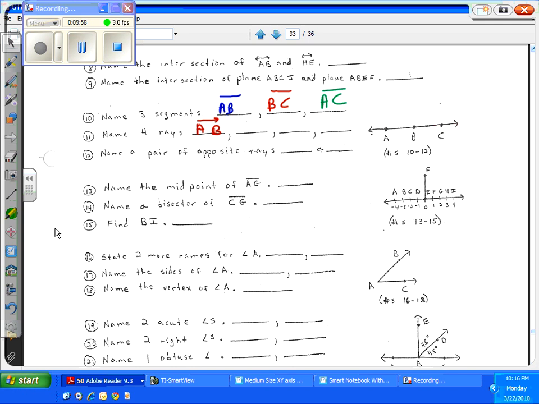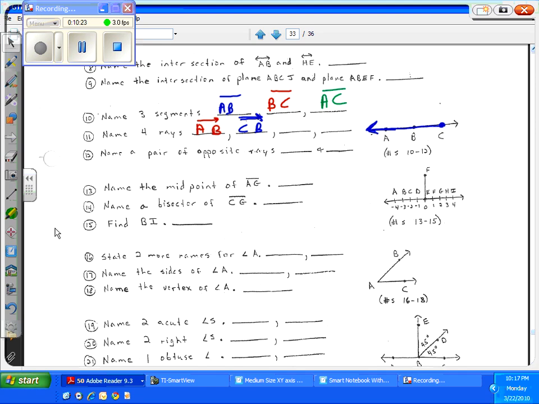If we started at the other end and went to the left, then we could name that ray. Notice even though the ray is facing left, we still named it with an arrow facing right, with the endpoint C first and then any point on the ray. So we could call that ray CB or ray CA.